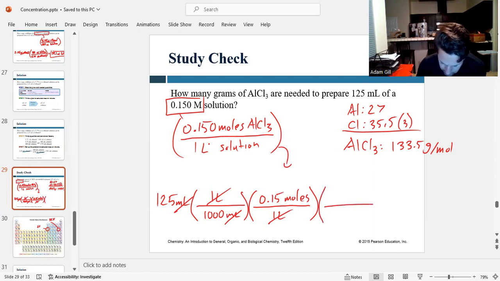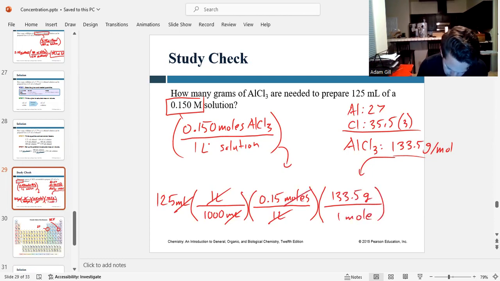And the last thing I'm going to do is plug this value in. And there are 133.5 grams for every 1 mole. Moles cancels. And we will be left with grams.